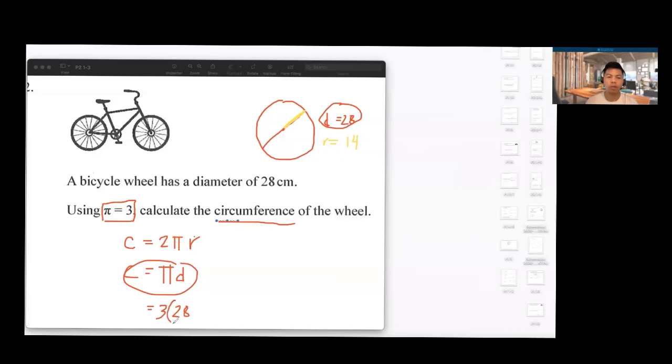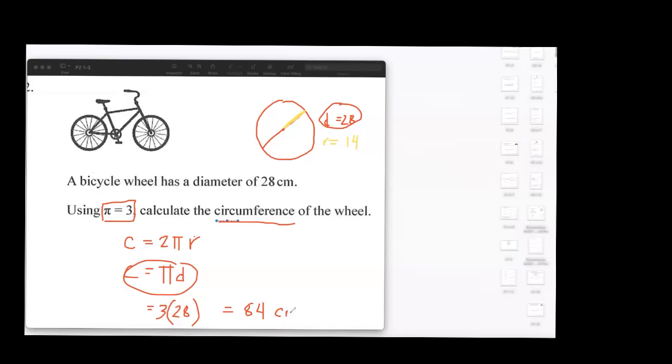I can use this symbol, that means multiplication. So what is that? 3 times 28. That's 60 plus 24. So that would be 84. So the answer is 84. Does that make sense to you, Malia? Yes. Okay.